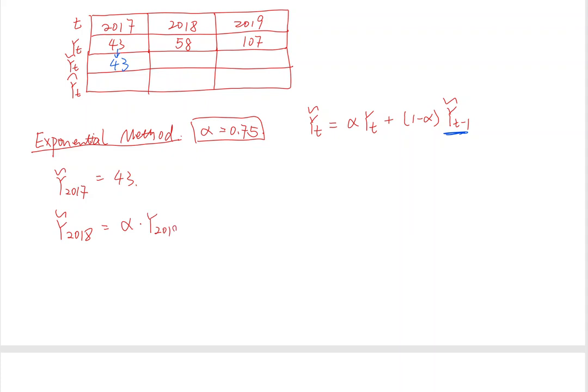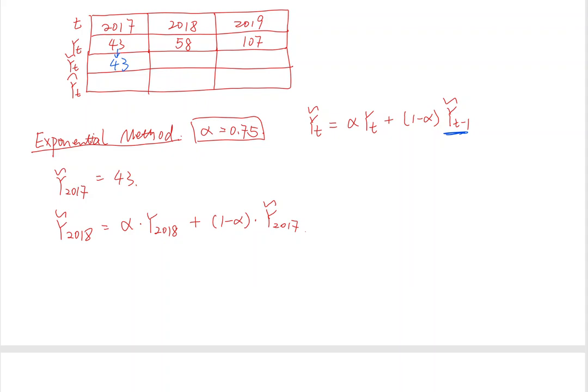If we are calculating the estimated value for 2018, then you need to use the current value, which is 2018, for the observed value, and then plus 1 minus alpha times the previous estimated value, which is t minus 1, which is 2017.